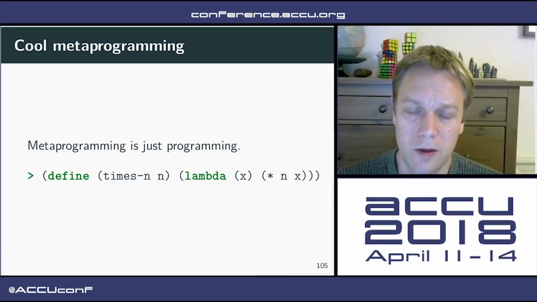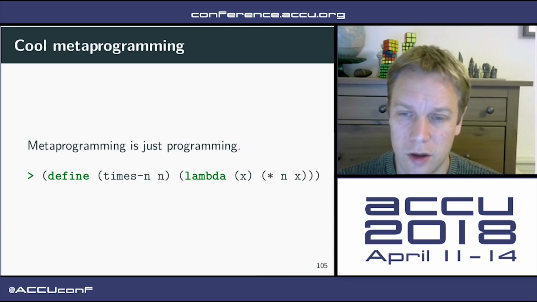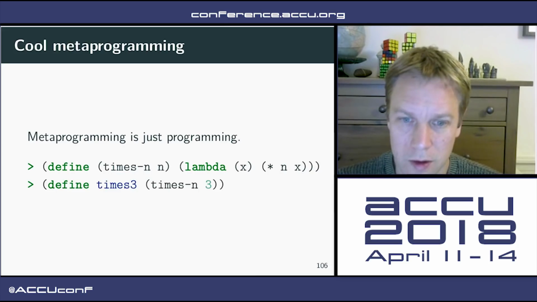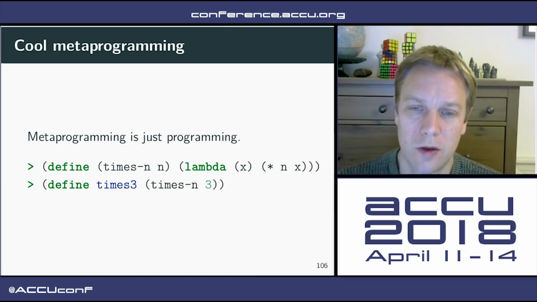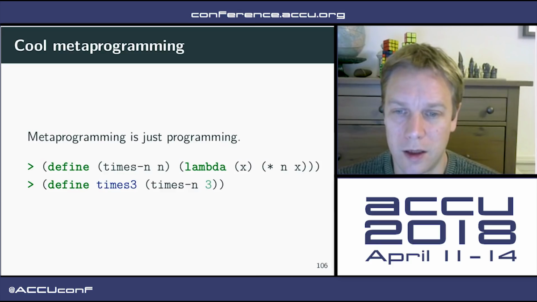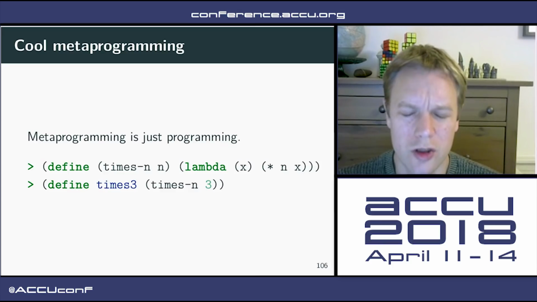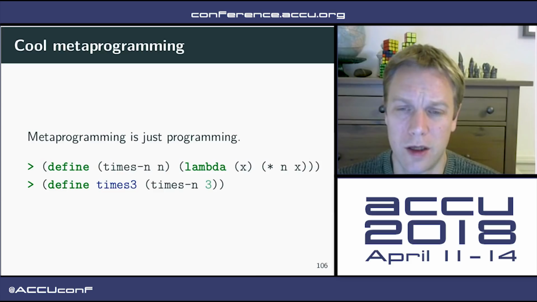Here we're going to define a function called times n, which takes in an argument n, and it returns a function which takes in an argument x and multiplies n by x. The way we can use that is we can call the function times n and pass in the value 3 and put that into a name called times 3.